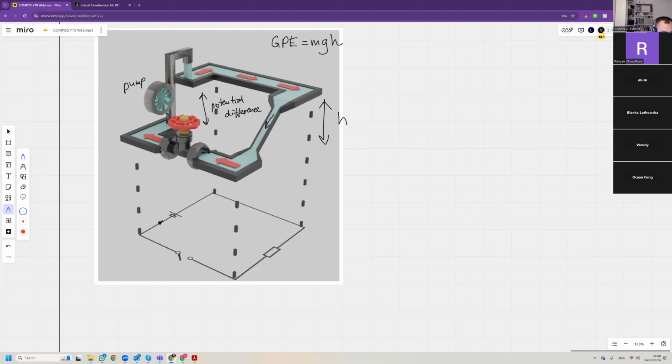Let's say the potential here is 0 volts. The potential here is 9 volts. So this is a 9-volt battery. That's what it does. So for example, we can say that this water level is 0 meters above the ground, and this is 9 meters above the ground. So this is similar to that.